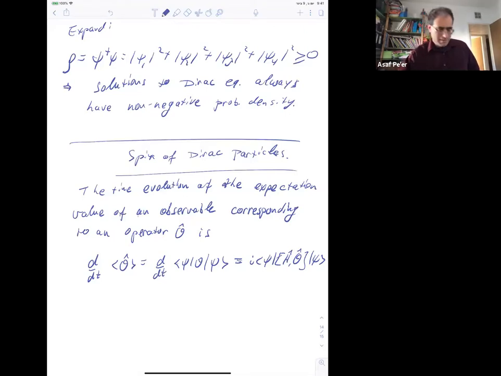Okay, guys. So if we have an operator O that represents some observable, something which we can measure, and it commutes with the Hamiltonian, that means what?